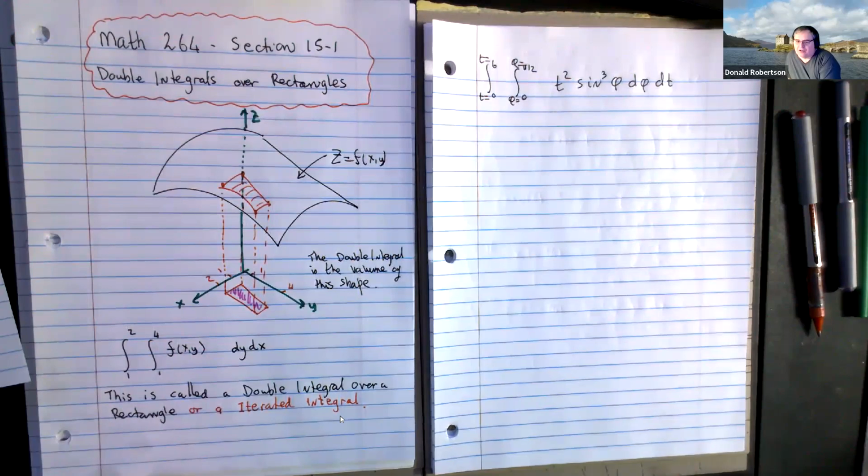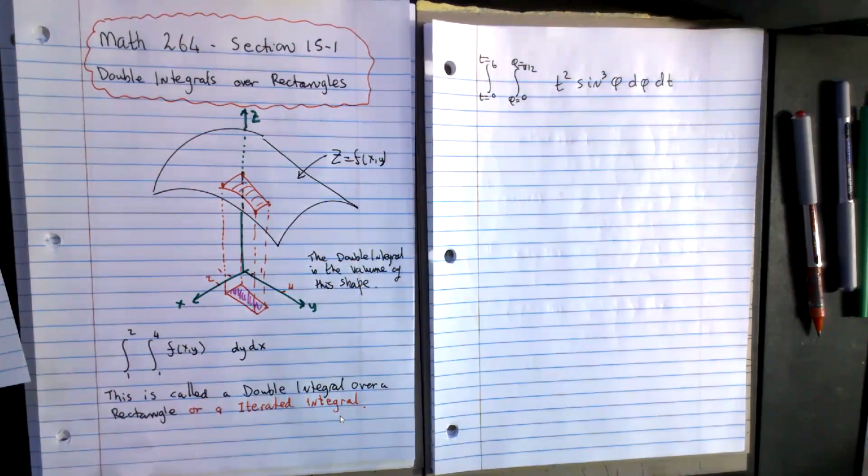Now, that is an ugly looking double integral. And if I see an ugly looking double integral, I'm always looking for things that will make my life easier. Is this variable separable? Yes.